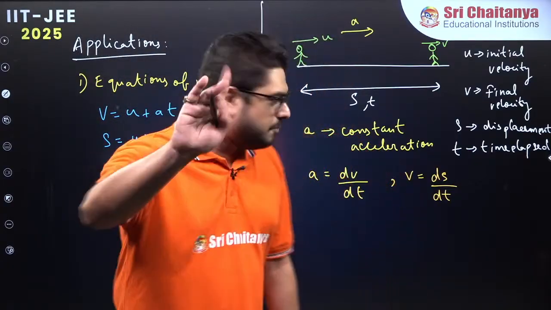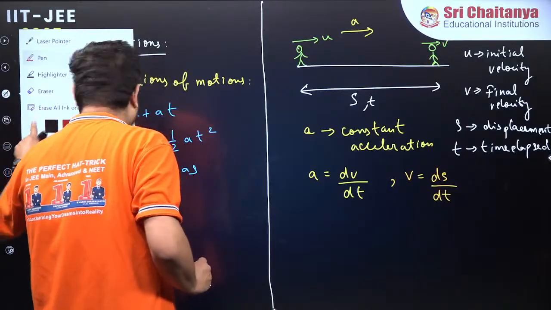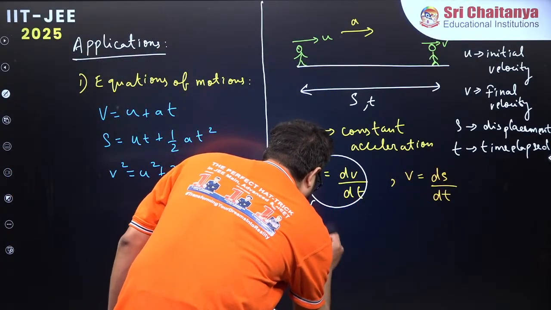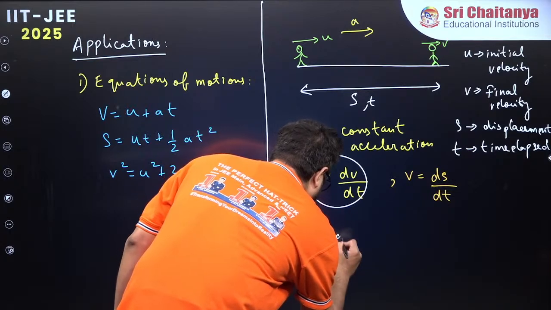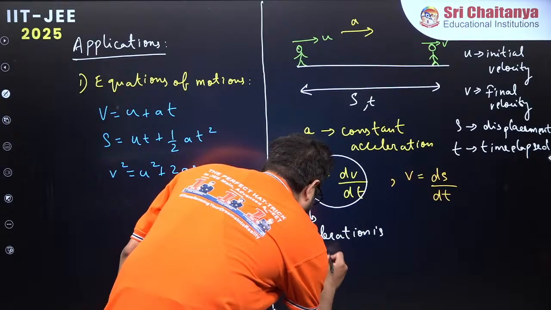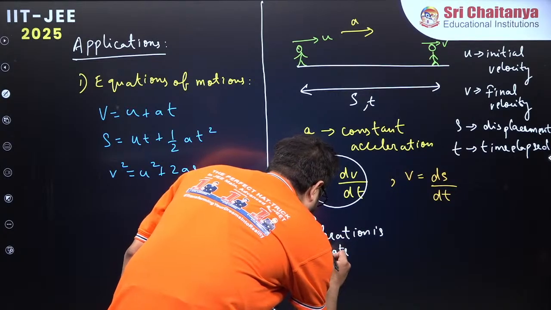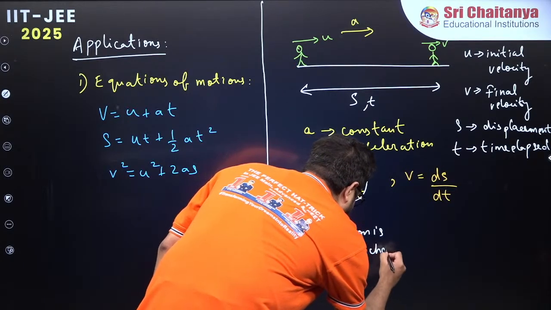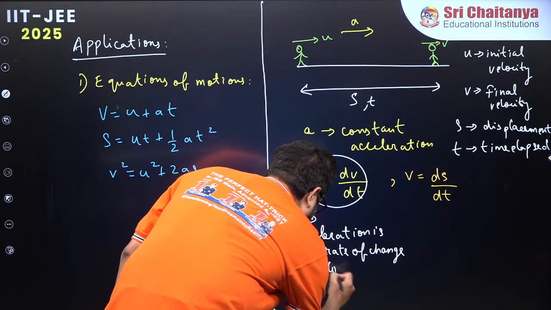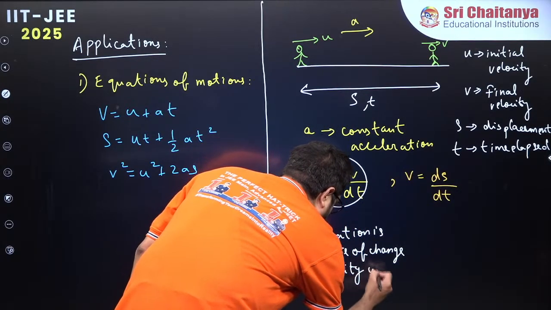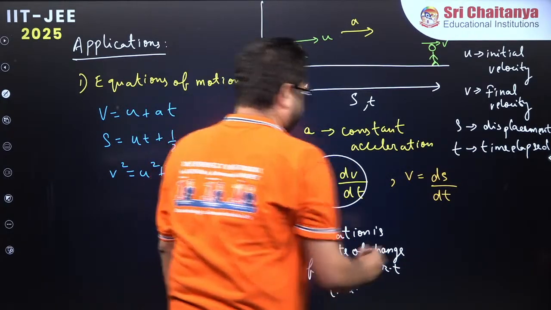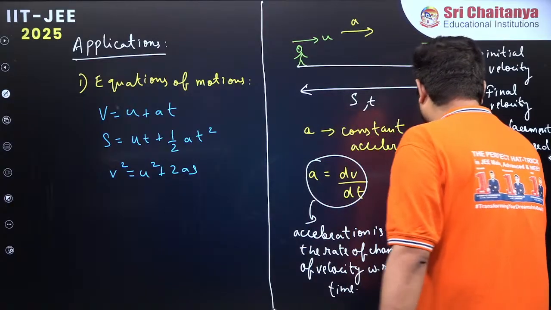So these are two practical applications. I will write down the statement, don't worry. What does this mean? This means that acceleration is the rate of change of velocity with respect to time. Similarly, what does this expression mean?